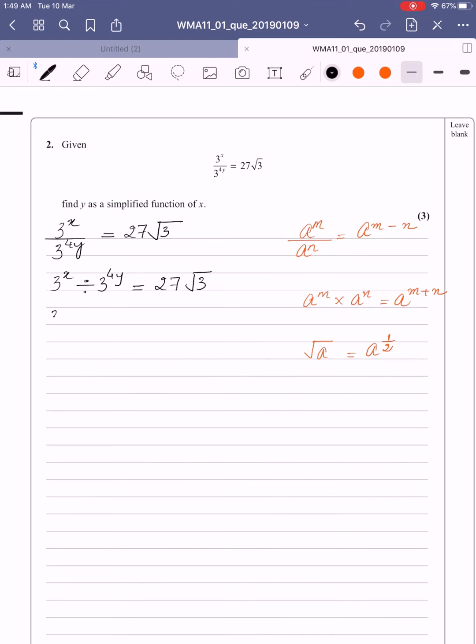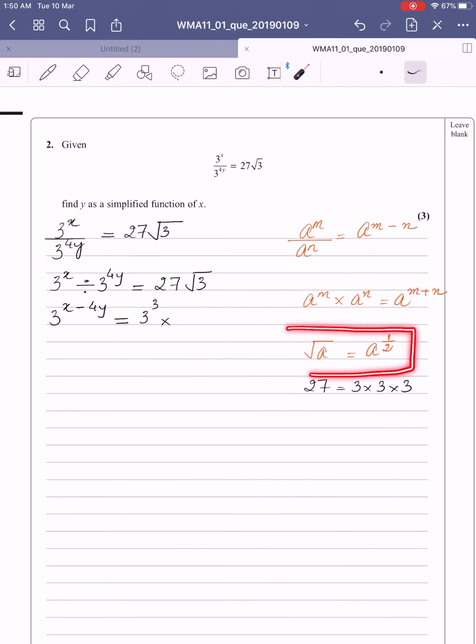On the right hand side, we should be able to observe that 27 is equal to 3 times 3 times 3. So we need to rewrite 27 as 3 to the power of 3. Next we have square root of 3. Square root of any number is equal to that number to the power of half.